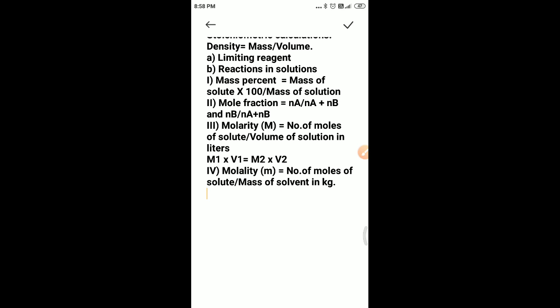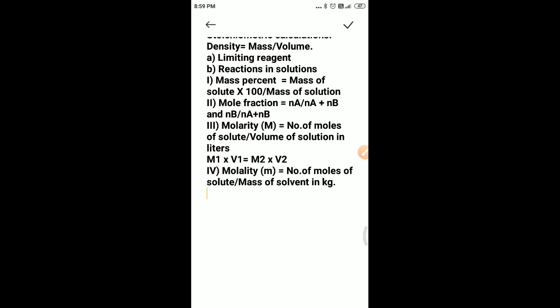Suppose we have a 1 molar solution of a substance, for example sodium hydroxide, and from this 1 molar solution of sodium hydroxide we have to prepare a 0.2 molar solution. How? Here 1 molar NaOH means 1 mole of NaOH present in 1 liter of solution.